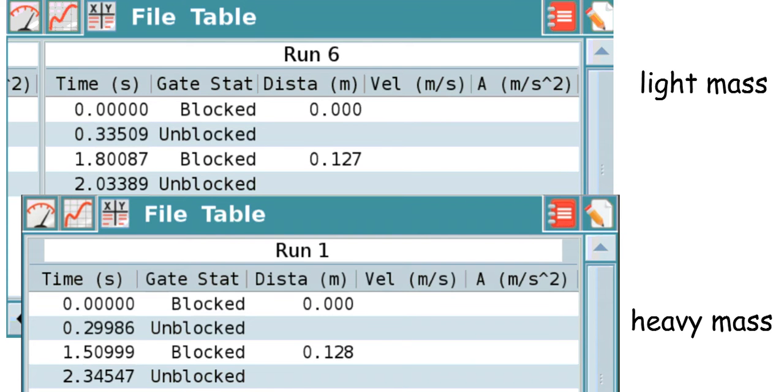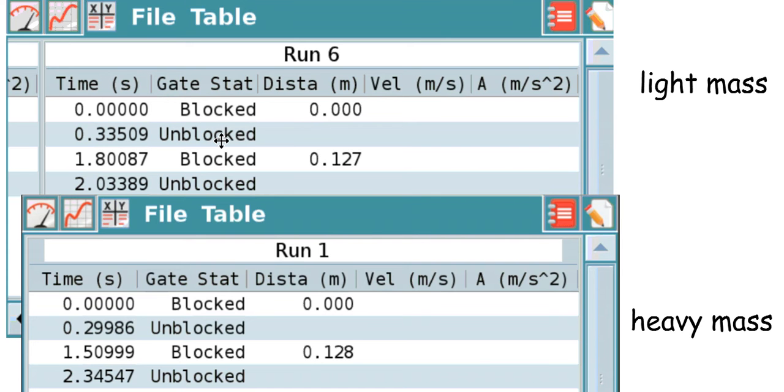Again, this is a conservation of momentum problem. The data that we ended up getting off the LabQuest gives us time instances. On the LabQuest, this is in the listing from the chart, so not the sensor reading, not the graph reading, but the chart reading. For the lighter massed object, we have the time value of 0 whenever it begins to be blocked, and then 0.335 seconds whenever it switches to unblocked.